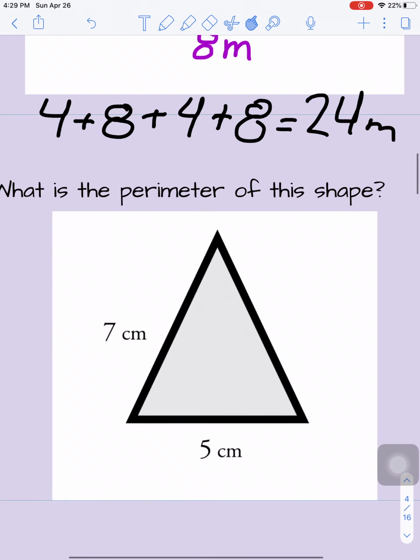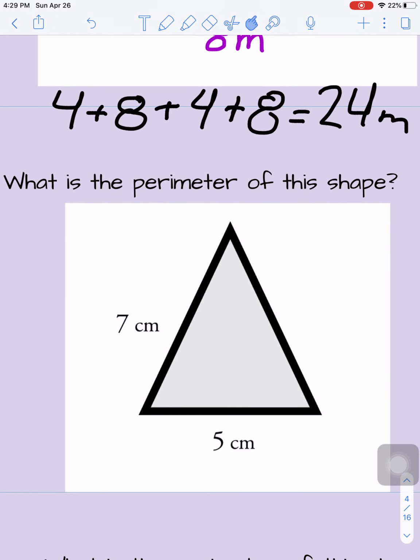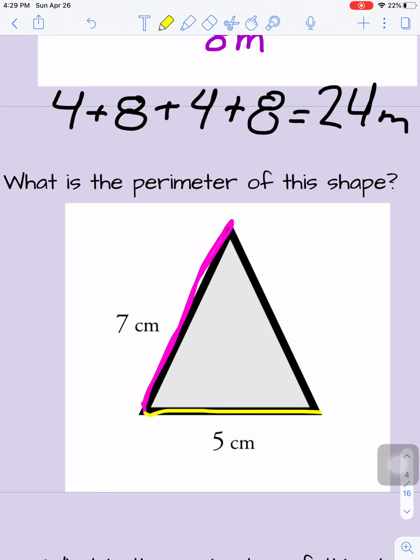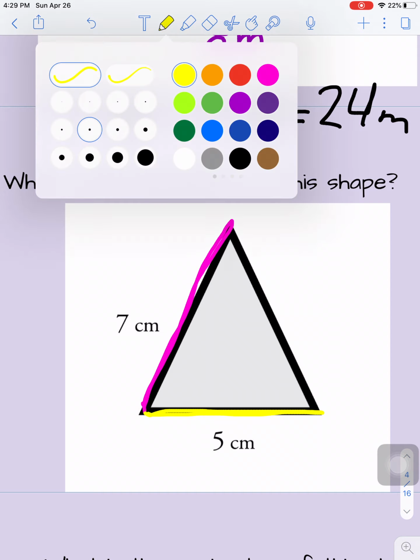Okay. So same thing with this triangle. When you look at this shape, you can see that you are given the length of 2 sides and that you are missing the length of one side. So what you have to focus on is the sides that you know. So this side, I know equals 7 centimeters. And this bottom, I know equals 5 centimeters.